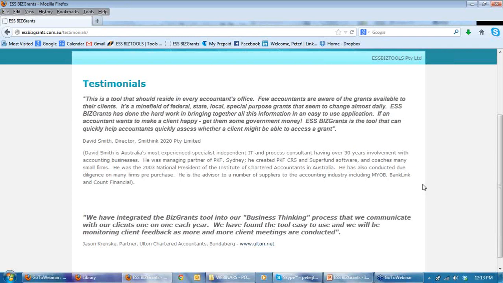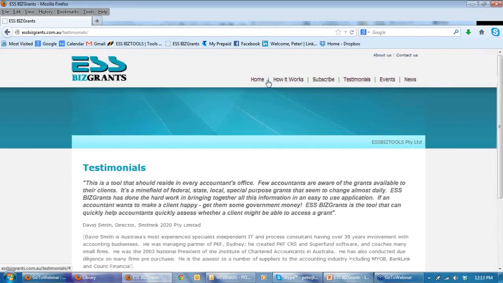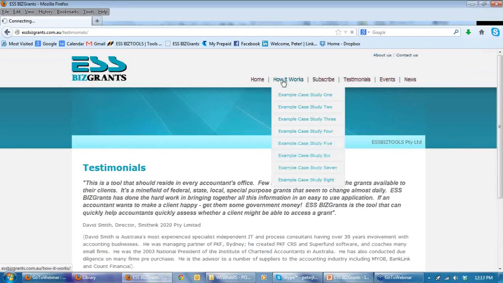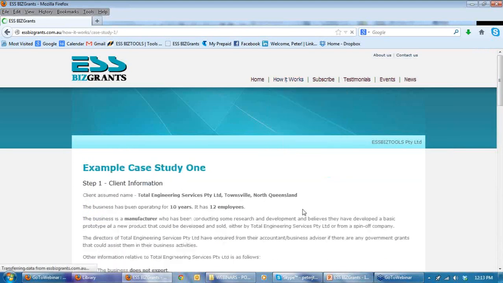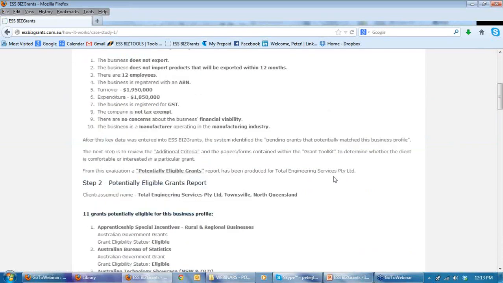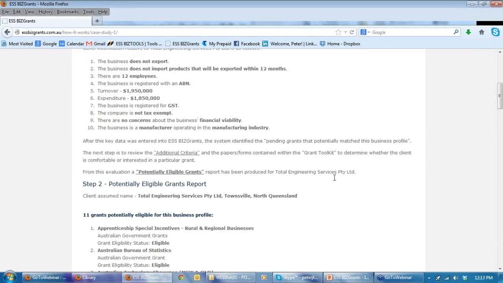When you go into the system, you can identify some case studies that will give you some further information as to how the system will work. We've developed case studies for 8 different business groups over 8 different geographical areas of Australia, so that you can get a better understanding of how the system will work.